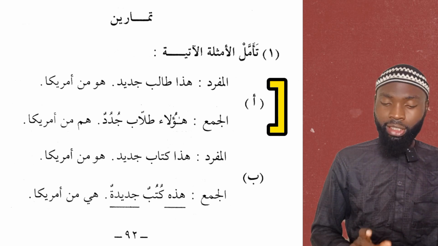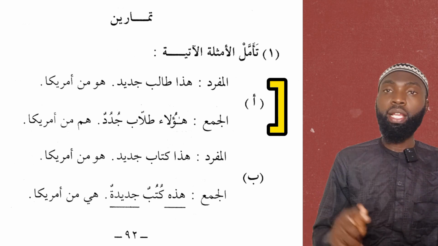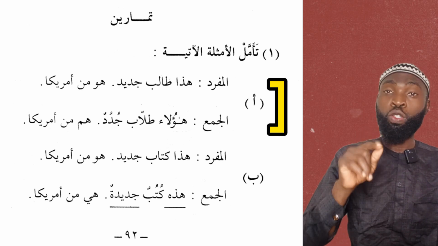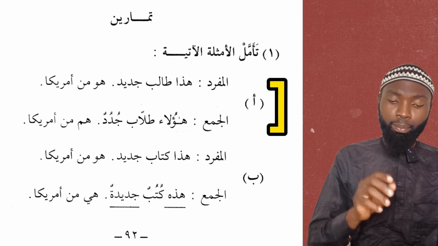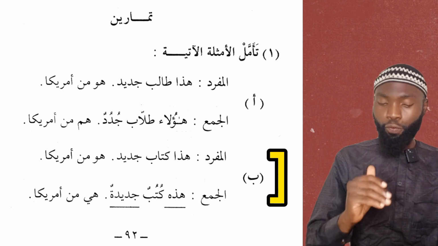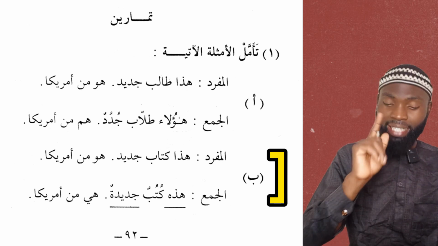When we come to al-jam'u, we have haula'i tullabun jududun. These are new students. So haula'i is used for tullabun because this is a rational noun. Hum min Belgica, they are from Belgium. Under this, we have al-mufrad also, and we have hadha kitabun jadidun. This is a new book.